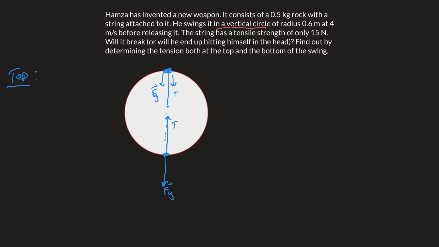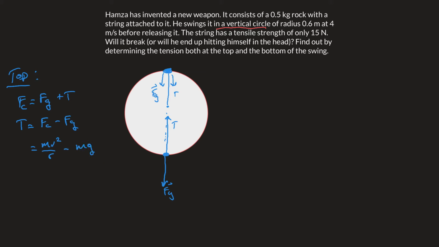At the top, we have our centripetal force equal to our force of gravity plus the tension in the rope. We can rearrange this to solve for tension: T is Fc minus Fg. Then by plugging in some of the equations we know, we're left with this.